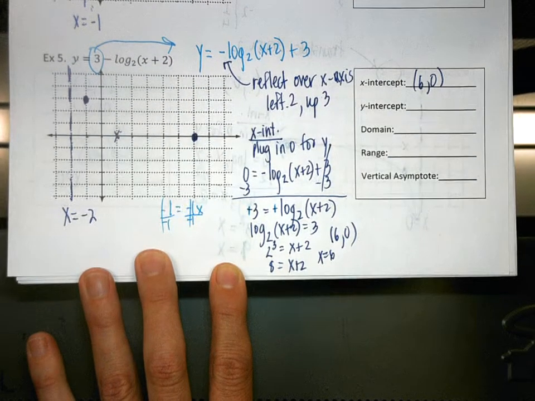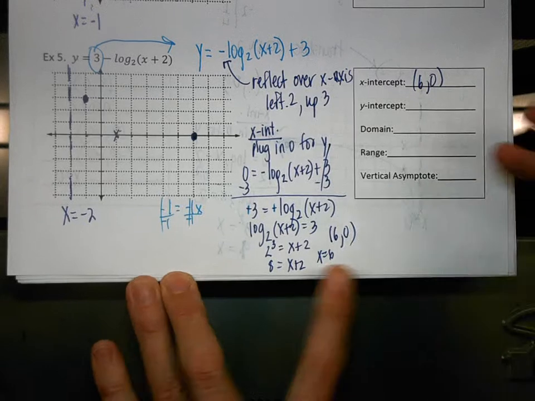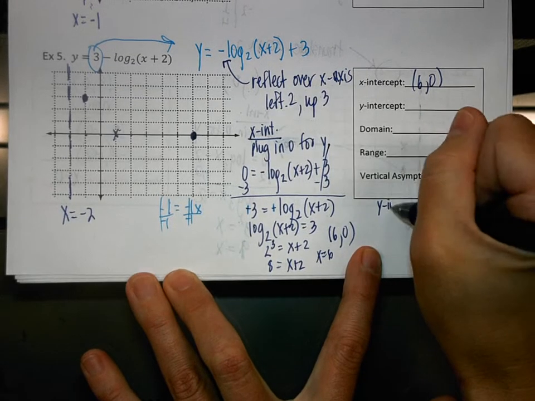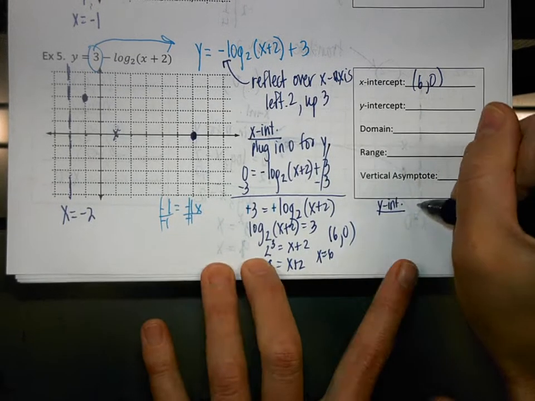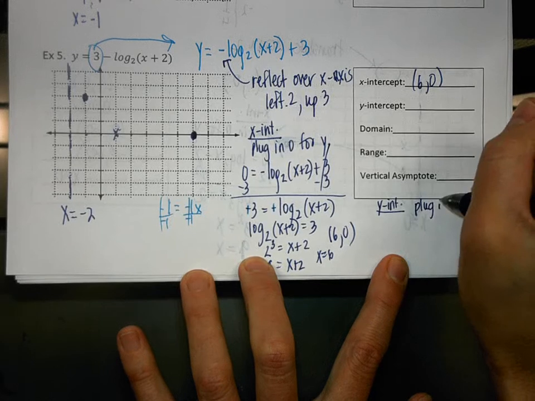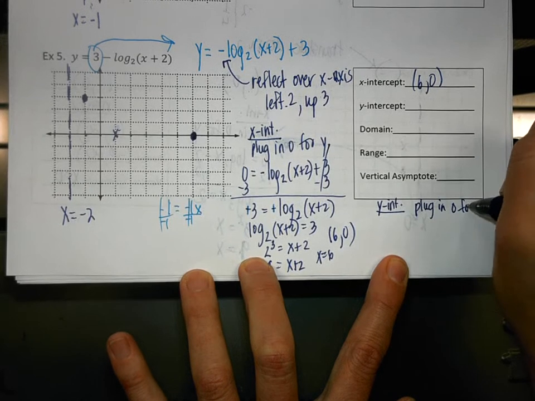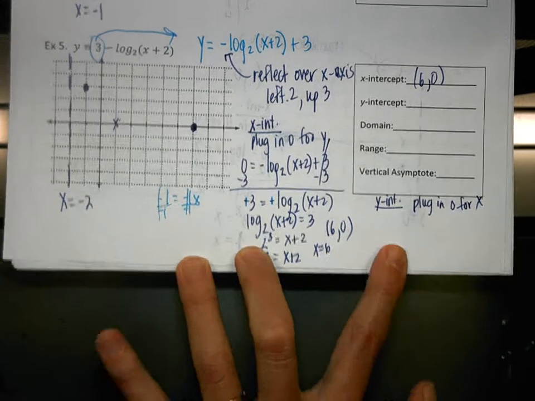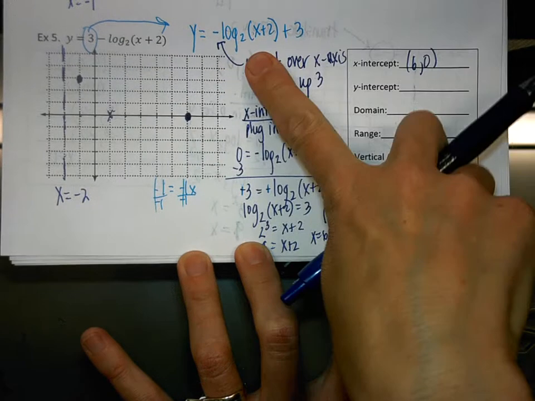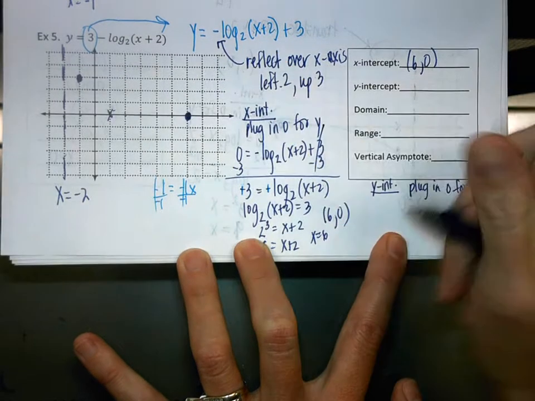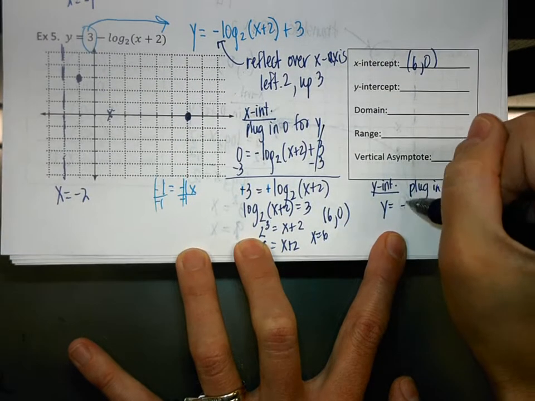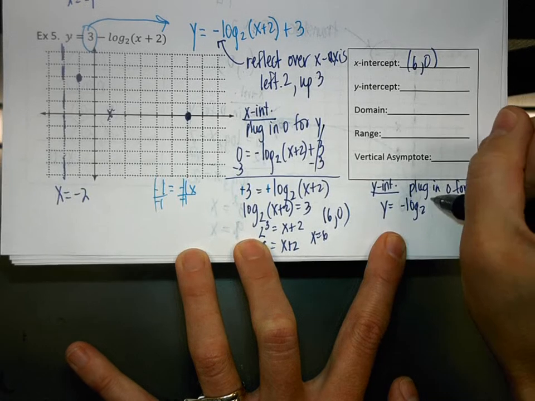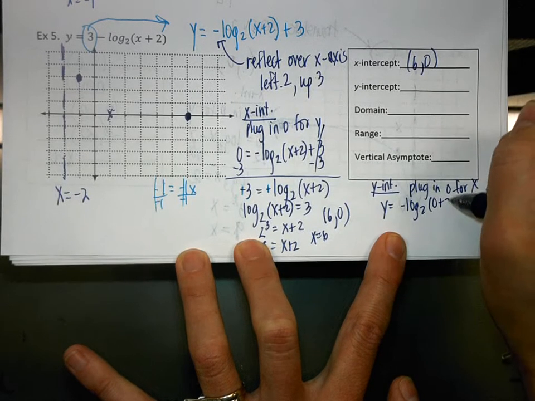Okay, y-intercept. How do I find my y-intercept? Plug in 0 for x. Okay, so going back, I'm going to plug it in this way. Y equals negative log base 2 of (0 plus 2) plus 3.